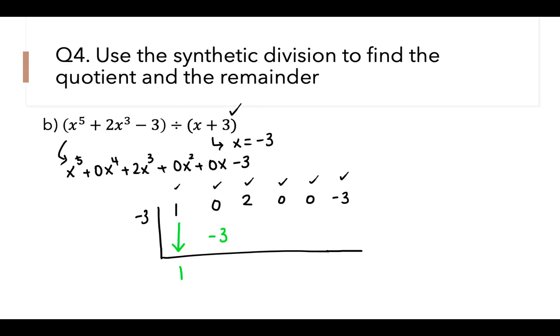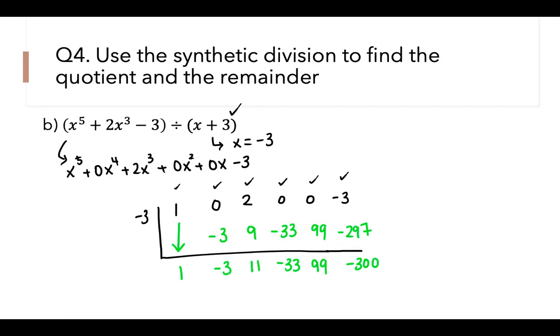And then you add vertically: 0 plus negative 3 gives me negative 3. Negative 3 times negative 3 is 9. You add them up, which is 11. 11 times negative 3 is negative 33. You add them up, negative 33. Negative 33 times negative 3 is 99. And then you add it up, 99. And 99 times negative 3 is negative 297. You add them up, and it's negative 300.